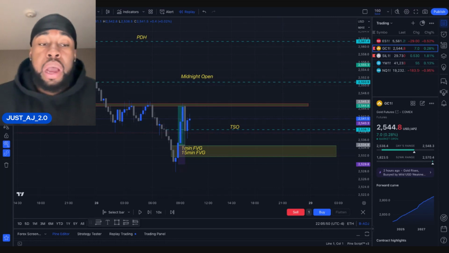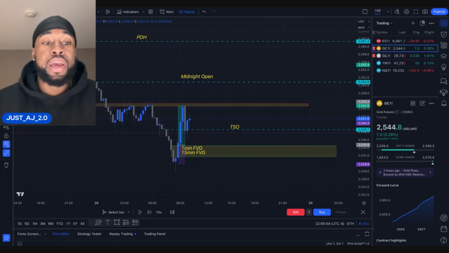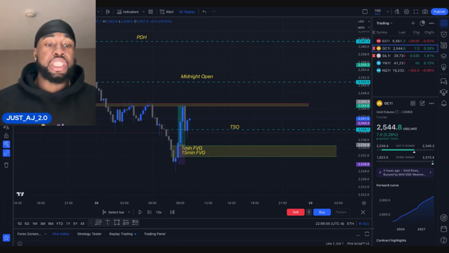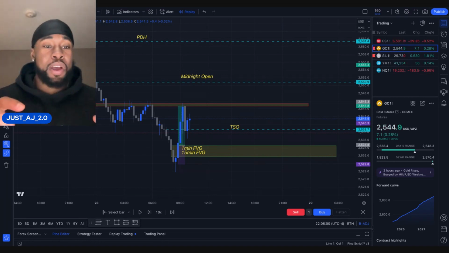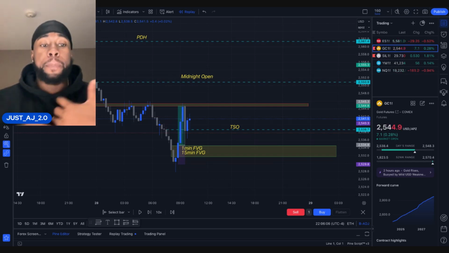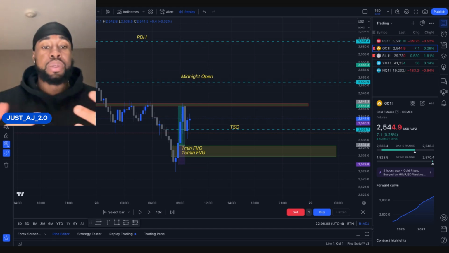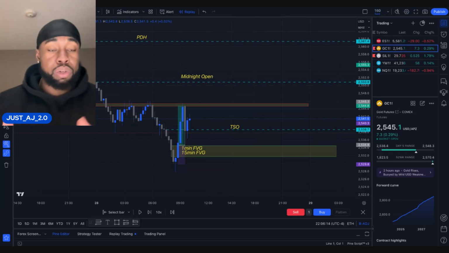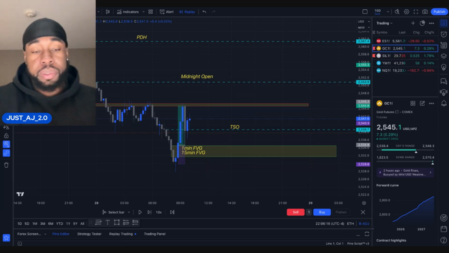But one problem I will say with ICT students or people that follow ICT, they try to take all of its concepts and just stuff them into one trading plan when it doesn't work that way. There's a lot of aspects in ICT concepts that I personally do not prefer to use because I haven't been able to make the application or adjustment to use them in my trading.